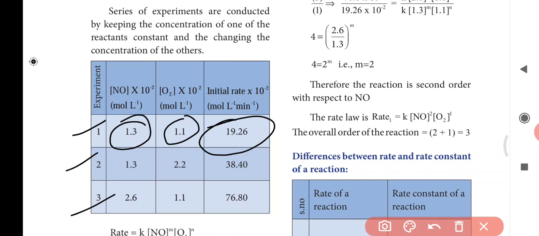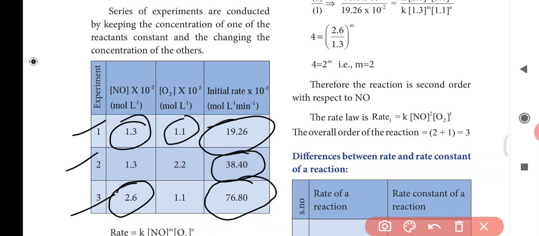If the concentrations of nitric oxide and oxygen are 1.3 and 1.1, the rate of reaction is 19.26. When the concentration of oxygen increases, the rate of reaction is 38.40. If the concentration of nitric oxide is 2.6, the rate of reaction is 76.80.